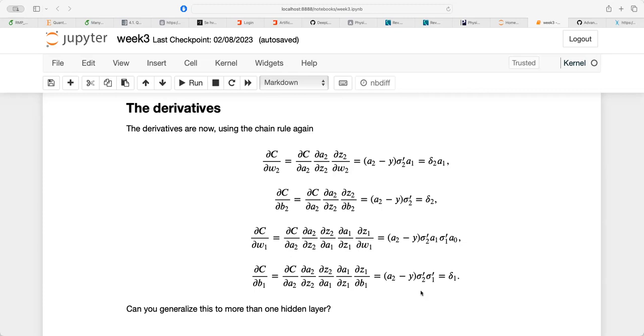So you can generalize this to many hidden layers, and then you will simply see a chain of these derivatives of the activation functions again and again and again. And if that vanishes, your gradients vanish in the training, and your training stops.